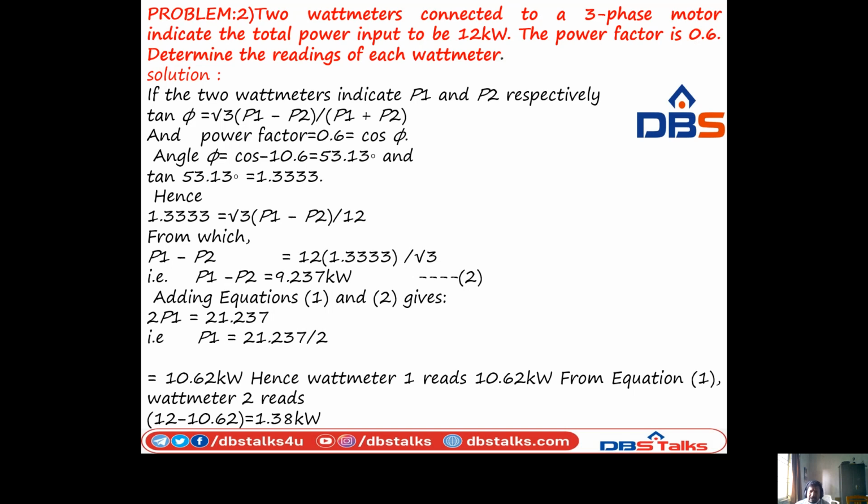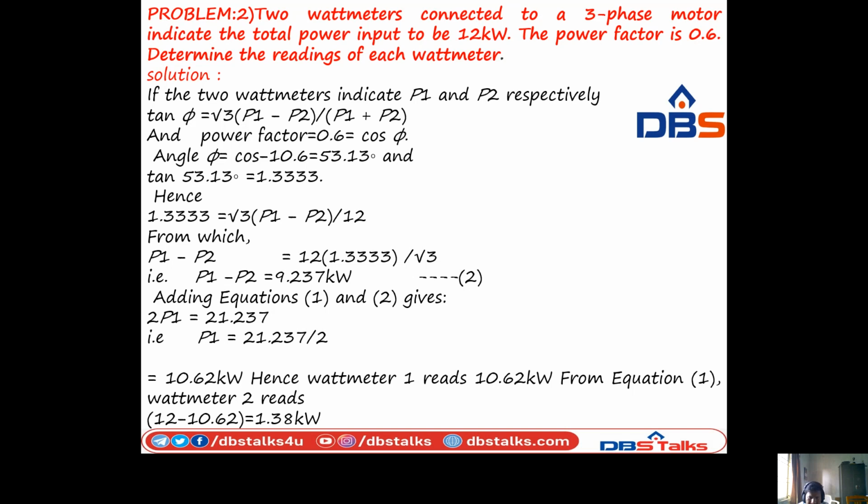Therefore, tan phi is tan 53.13, which is 1.3333. Hence, substitute this value in the above equation: tan phi equal to 1.333 equal to root 3 times (P1 minus P2) by (P1 plus P2), and we know P1 plus P2 is 12 kilowatts.